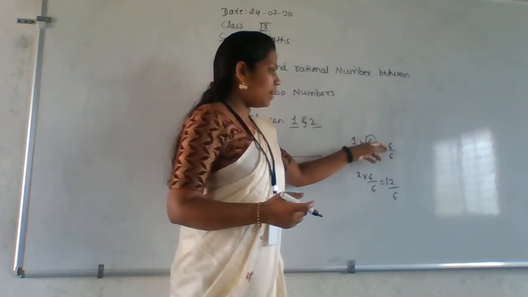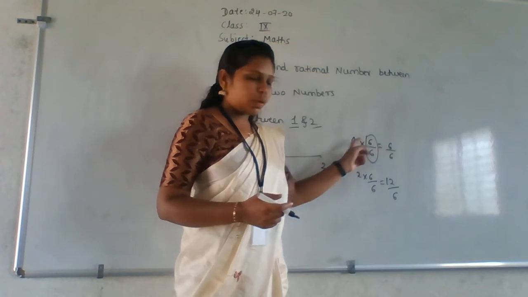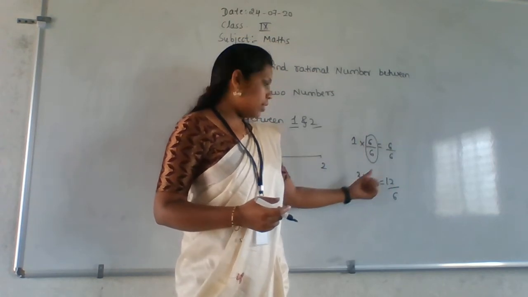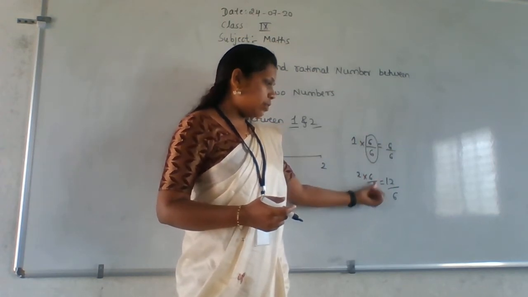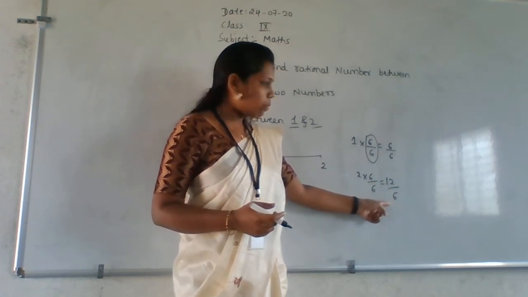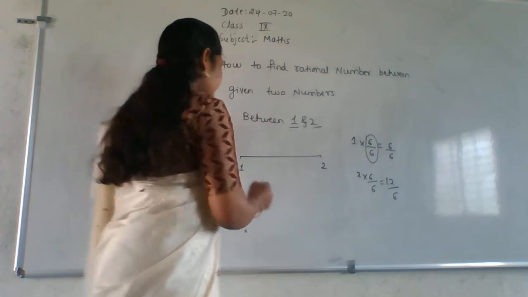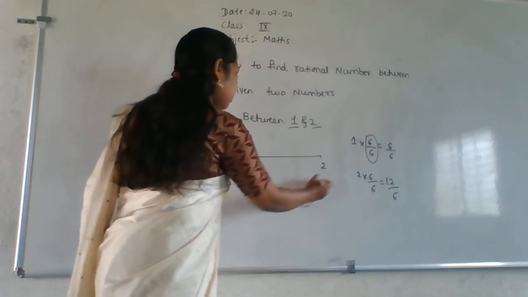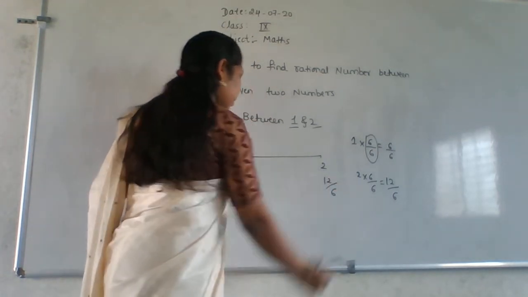So I am multiplying here by 6 by 6, so it becomes 6 by 6. Next, 2 into 6 by 6 is 12 by 6. We have 6 by 6 and 12 by 6.